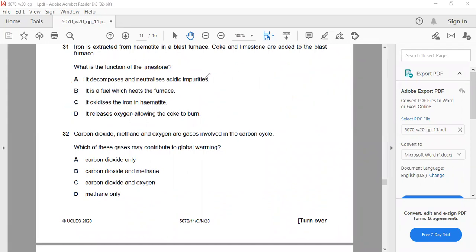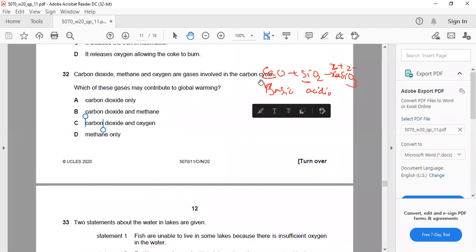It neutralizes the acidic impurity, because calcium oxide is basic and silicon dioxide is acidic, being a non-metal oxide. This is a metal oxide. They form calcium silicate, but this is a neutralization reaction. Carbon dioxide.